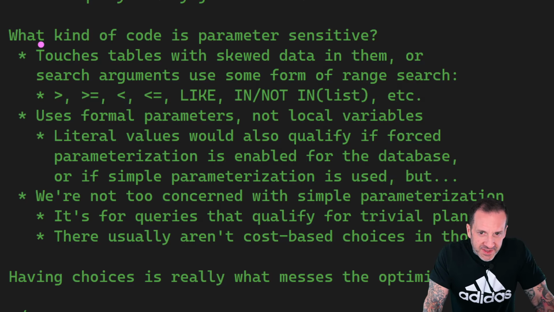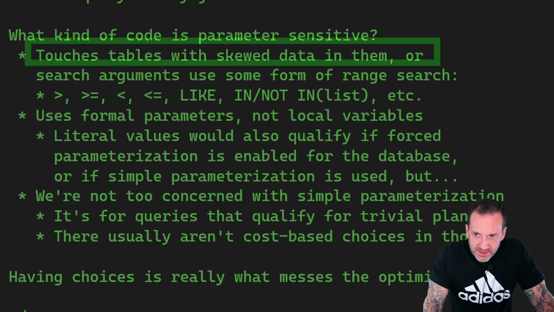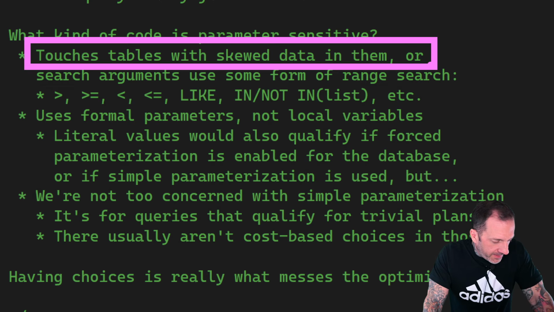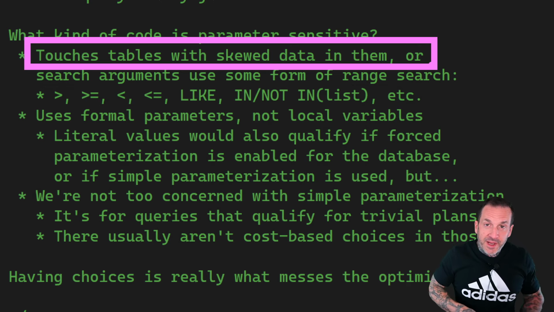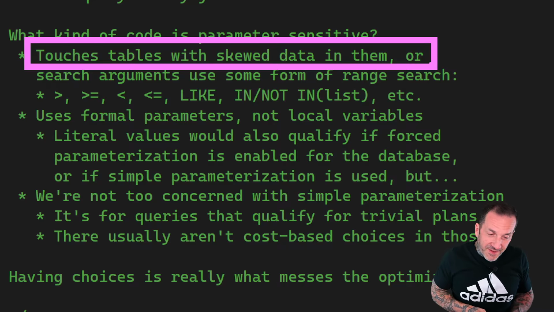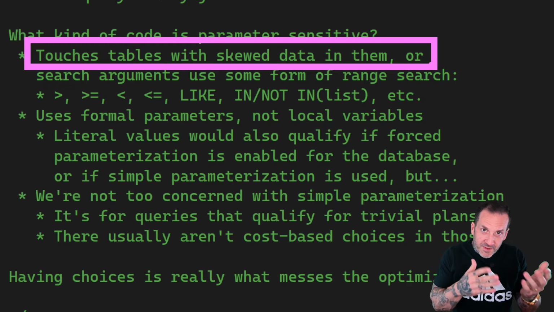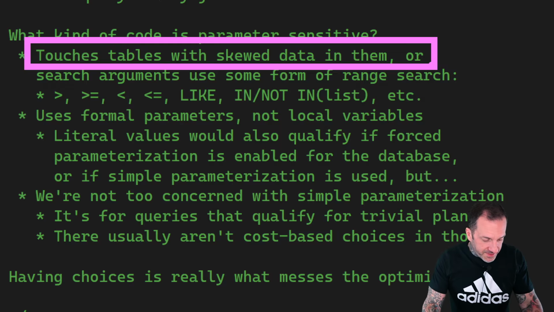So it usually touches tables with skewed data in them, right? So I think if you're working with the Stack Overflow database, Jon Skeet would be an indicator of skewed data, right? User ID 22656, lots of rows in the Posts table, lots of rows in the Comments table. And so his user ID leads to a lot of interesting problems.